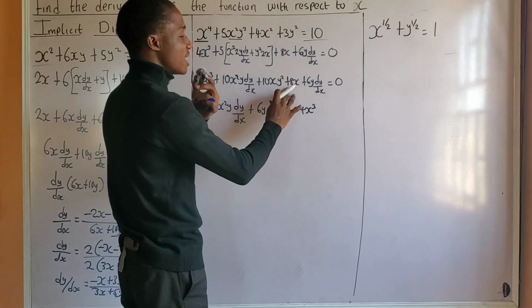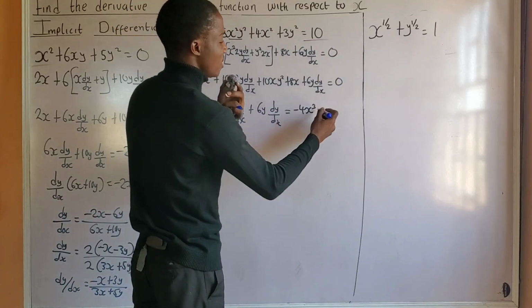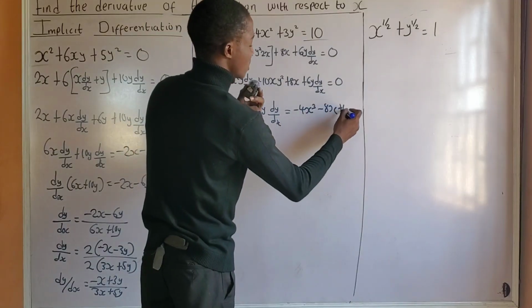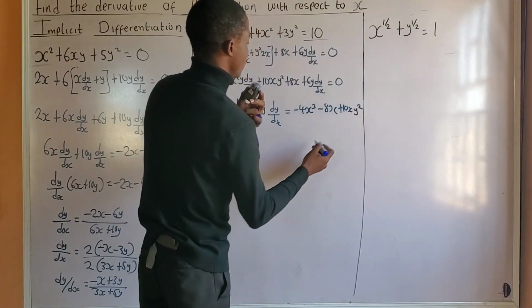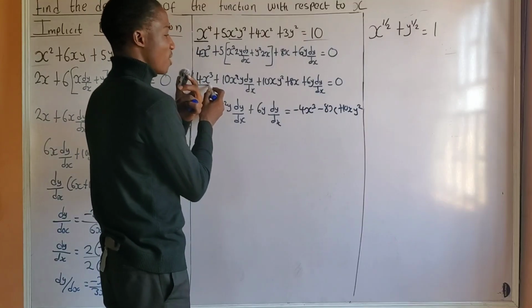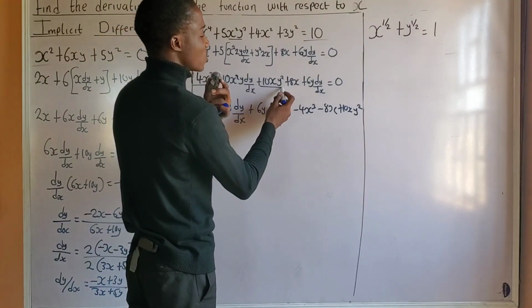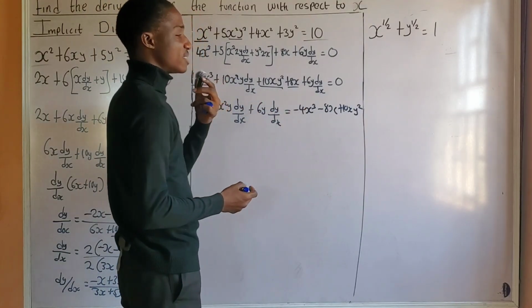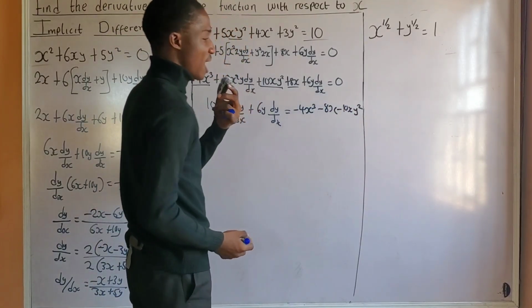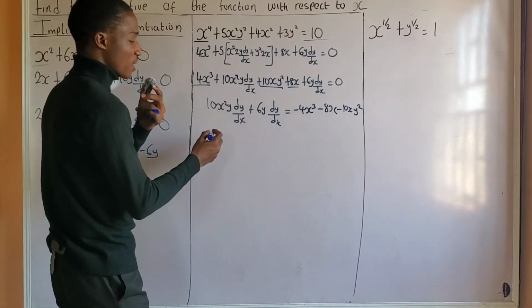Now take this plus 8x, minus 8x. Plus 10xy squared, it's not plus, it's supposed to be minus. Are you getting it? Now factorize dy dx.